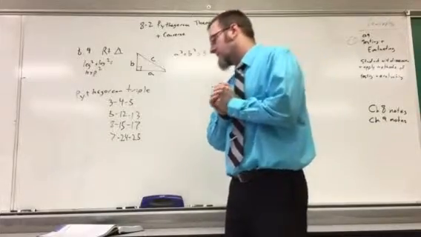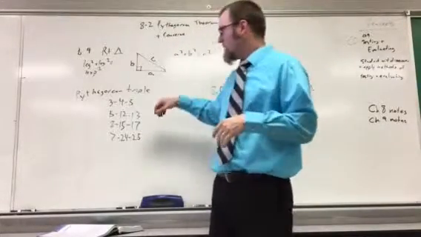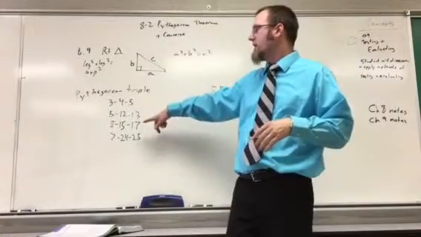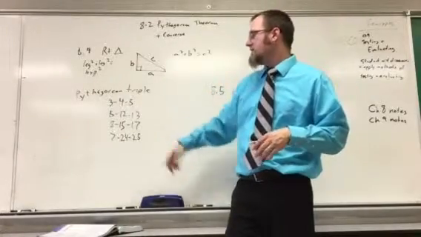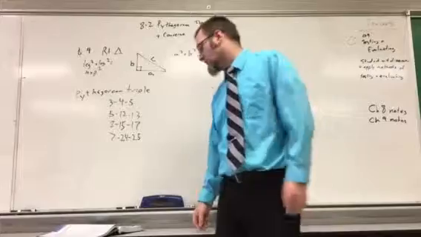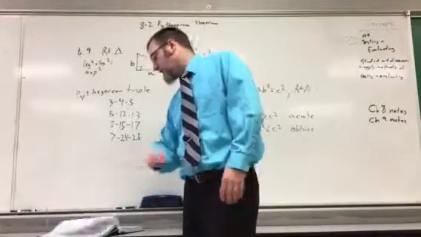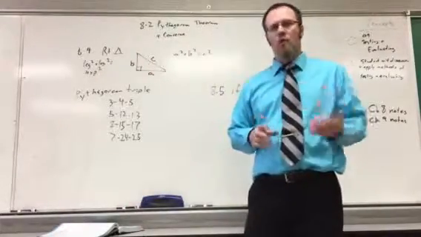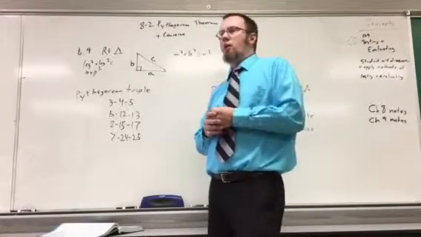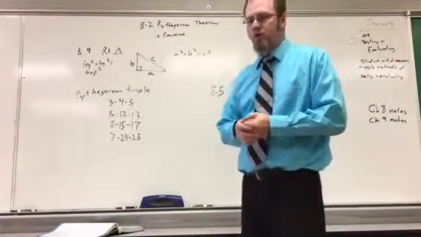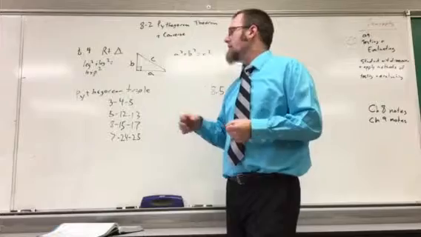It does make mention of Pythagorean triples. The most common ones are here: 3, 4, 5; 5, 12, 13; 8, 15, 17; and 7, 24, 25. On page 548, if you want to look at some. We just finished up talking about proportionality in chapter 7.